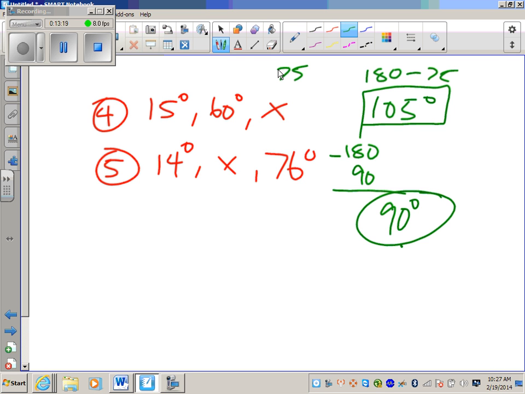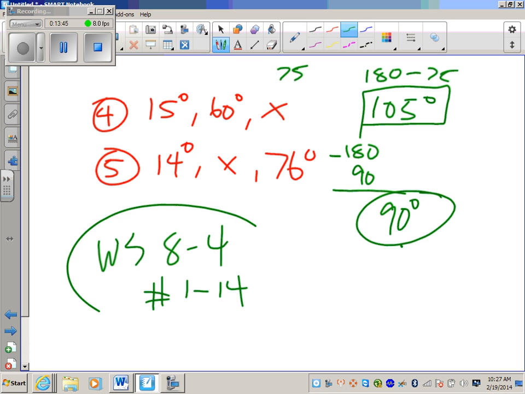Good. And 18: scalene, acute. All right. So 8-4 should have numbers 1 through 4.